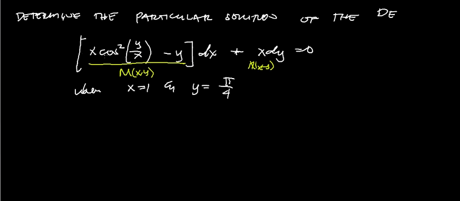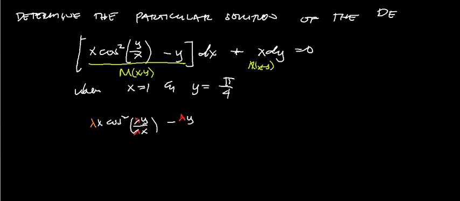homogeneous coefficients by placing the lambda. So we have λx cos²(λy over λx) minus λy.